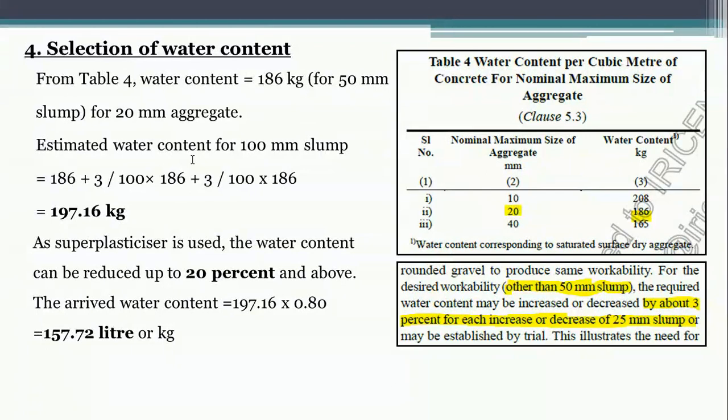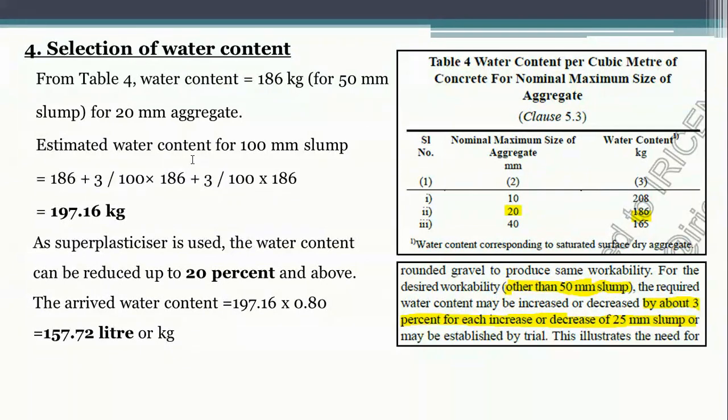So totally 186 plus 6% of 186, and you will get 197.16 kg or liter.